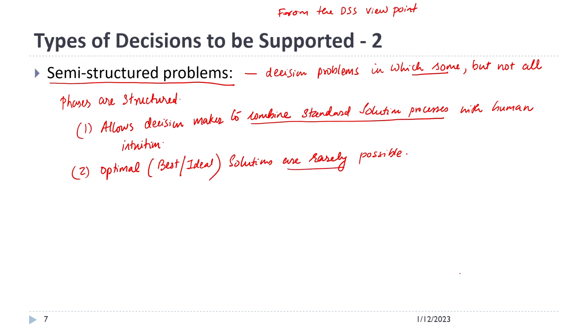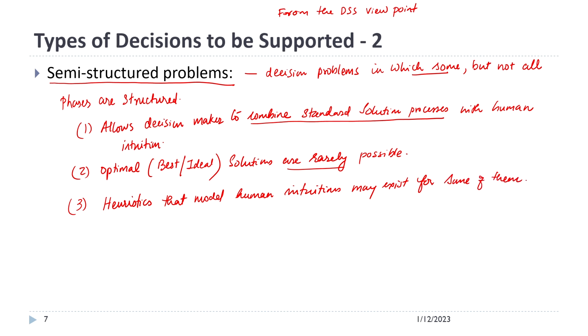So this kind of approach where you combine some standard solution process with human intuition says that heuristics, that model human intuitions, may exist for some of them.